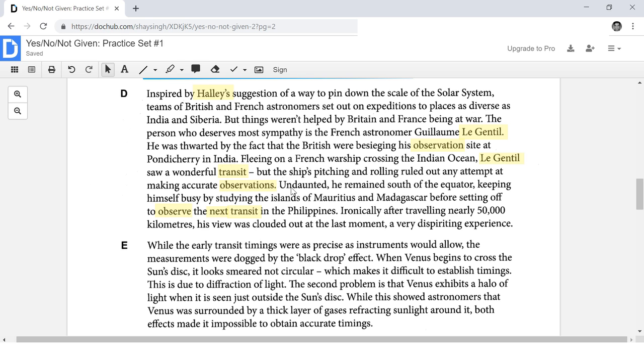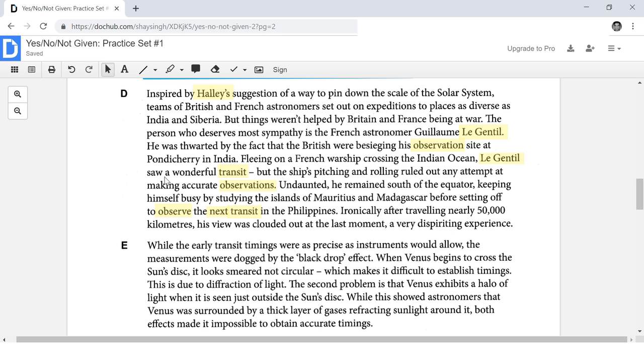Okay, so we know that he did observe some sort of a transit, a wonderful transit, but we want to make sure that it was in fact the second transit of Venus. That's what we are looking for. So let's keep reading on. Undaunted, he remained south of the equator, keeping himself busy by studying the islands of Mauritius and Madagascar before setting off to observe the next transit in the Philippines.